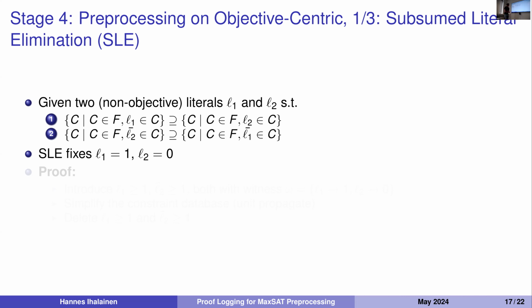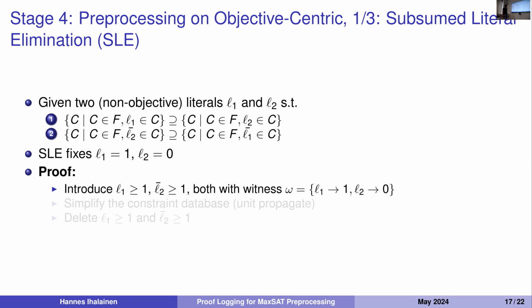Now again, the question is, how do we prove that this is correct in VeriPB? If we introduce constraints that say L1 is greater or equal 1 and not L2 is greater or equal 1, with witness L1 to 1 and L2 to 0, then we are happy because this witness satisfies everything it touches in the instance.